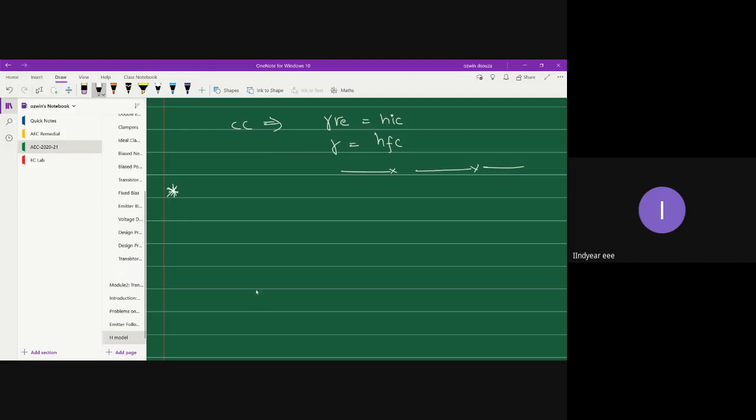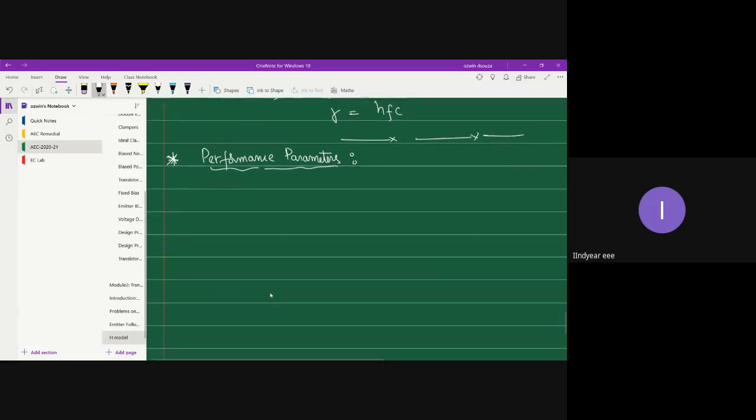Next up you have is performance parameters. For performance parameters, let us consider source resistance Rs as well as load resistance RL.